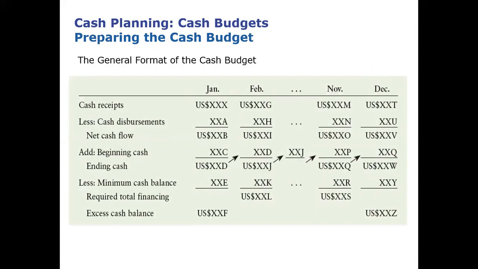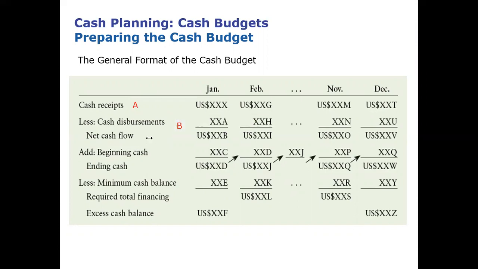So the cash budget, if you look at it here, starts with the cash receipts, how much money I received from operations inside the company, and then I subtract from it the second statement, which is disbursements. We are going to do the following items. First, number A, the cash receipts, and then the second statement, the cash disbursements, number B, and then we will have the net cash flow.